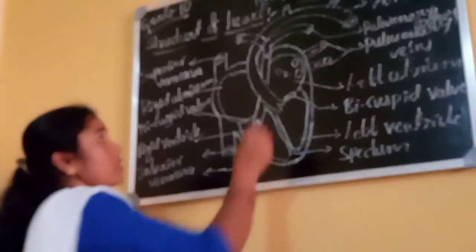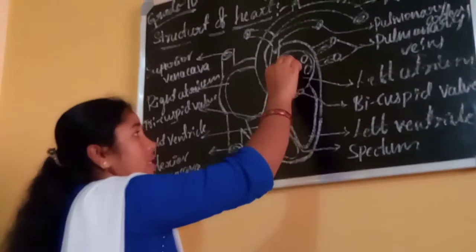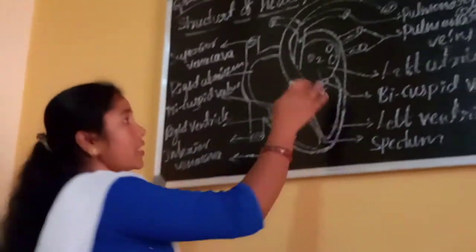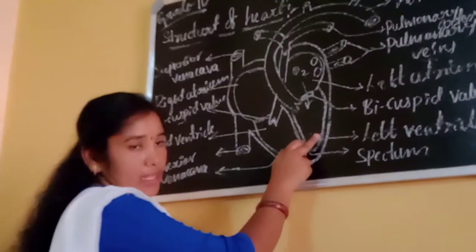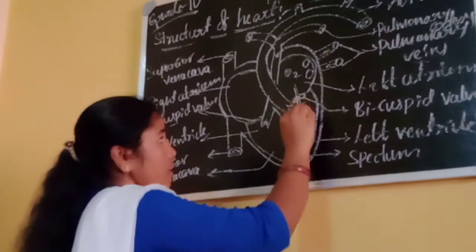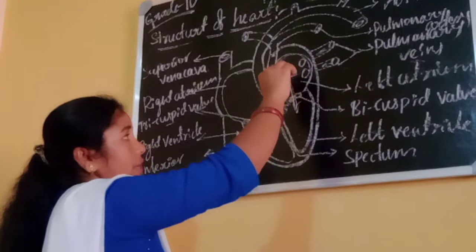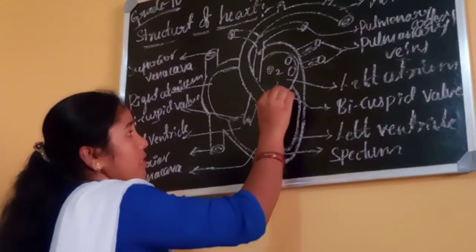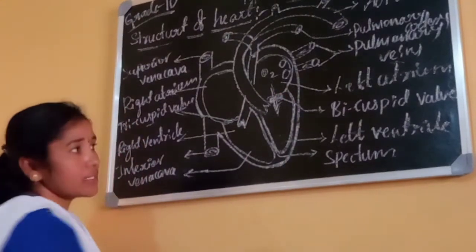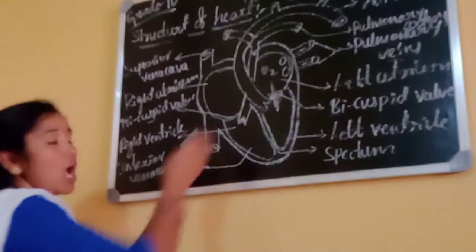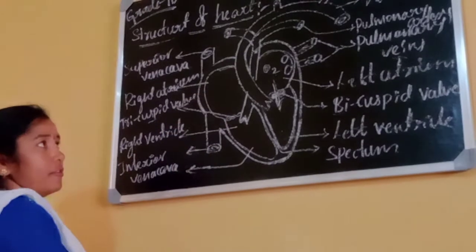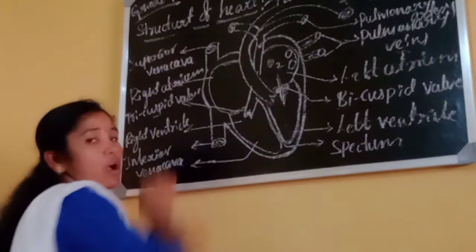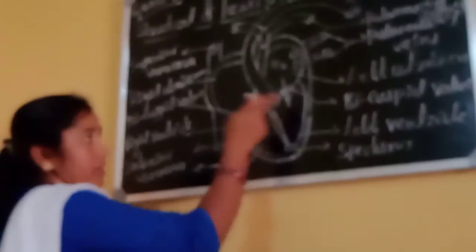During that time, the oxygenated blood flows from the atrium to the ventricle. When it contracts, blood flows through the ventricle, and here one valve is there, that is the bicuspid valve. It prevents the backflow of blood from the ventricle to the atrium.